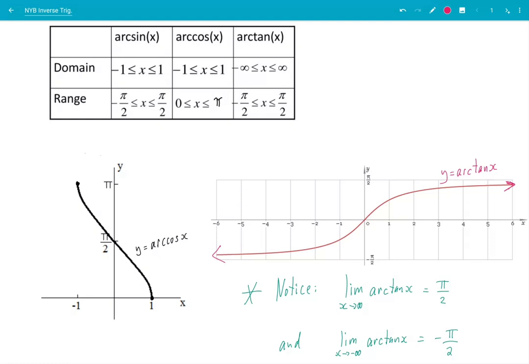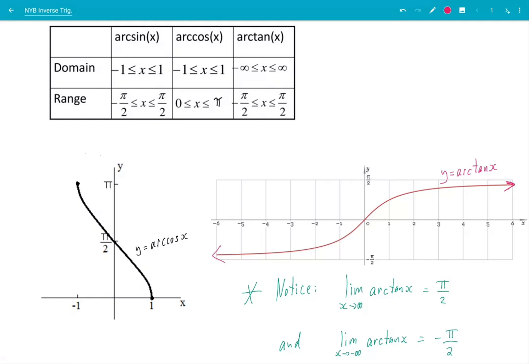Don't forget to make note of these limits here. What it's saying is that arctan, when I go way over to the right, is approaching this horizontal line y equals pi over 2. And if I go way to the left, I'm approaching this horizontal line y equals negative pi over 2.